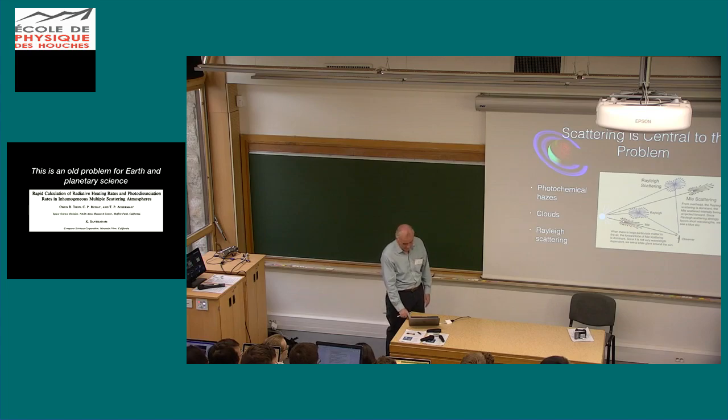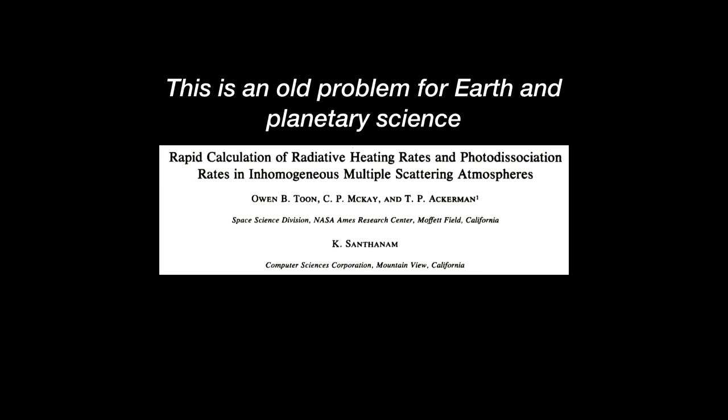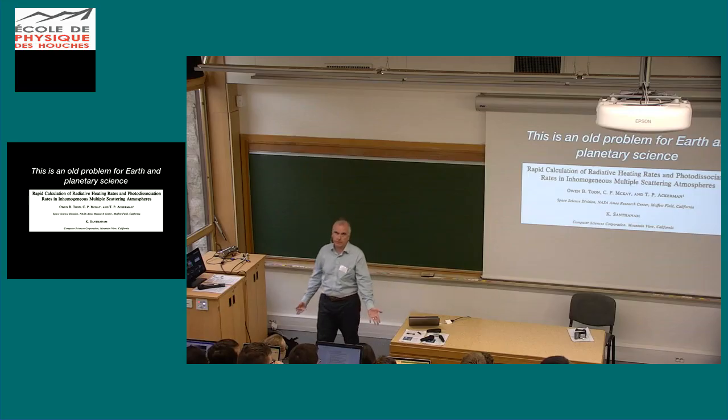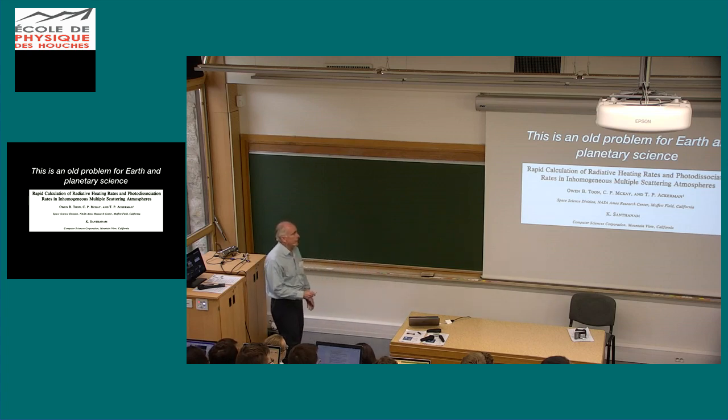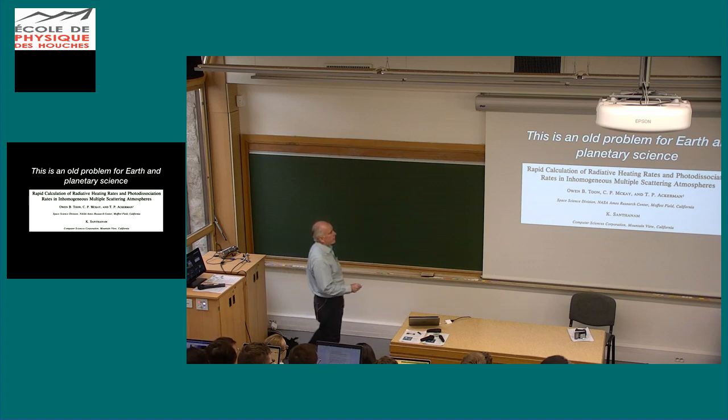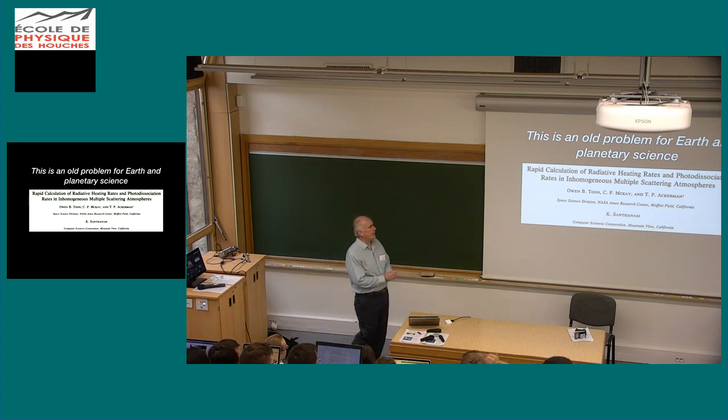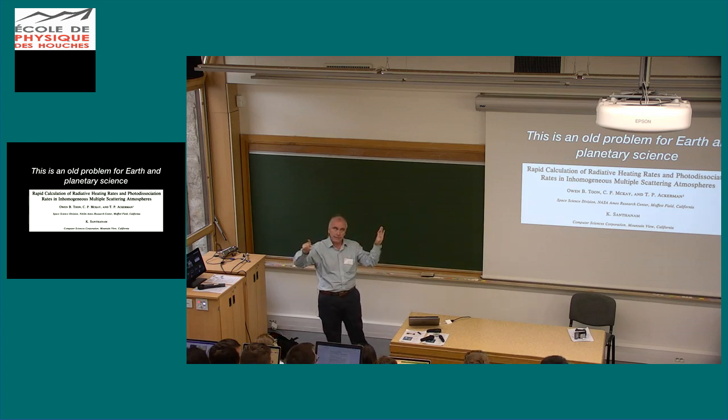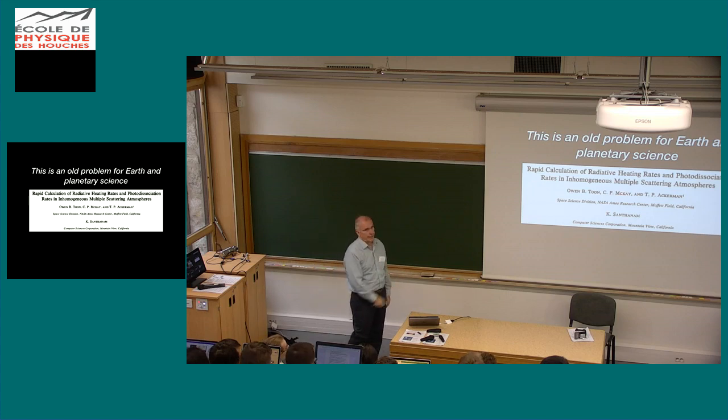And so again, you've got to have clouds. Of course, this is an old problem for planetary science. Of course, for the Earth, is how do you handle the clouds? Our own group uses this paper from Toon et al. on rapid calculations of radiative heating rates in inhomogeneous, meaning the atmosphere has discrete decks of clouds, multiple scattering atmospheres.